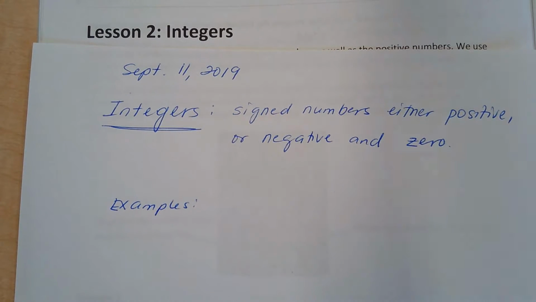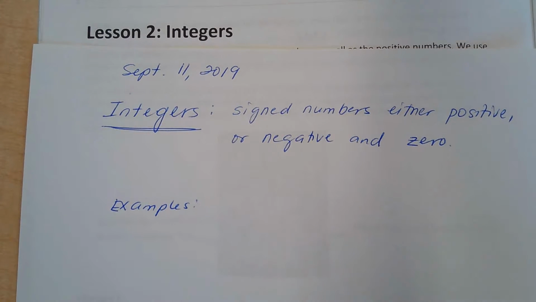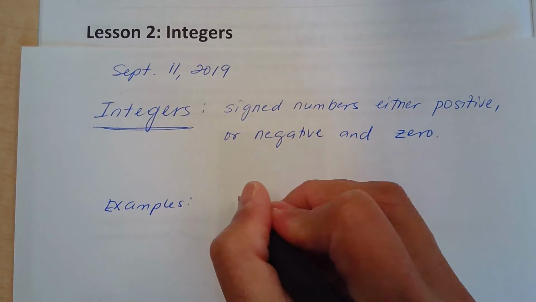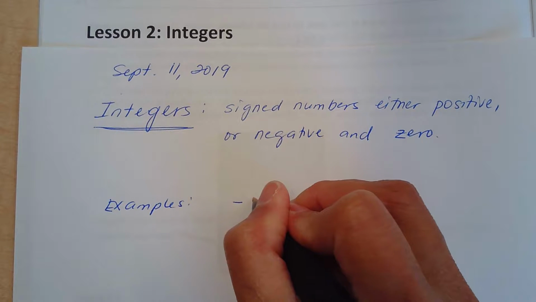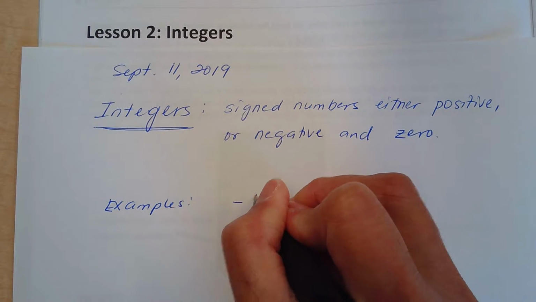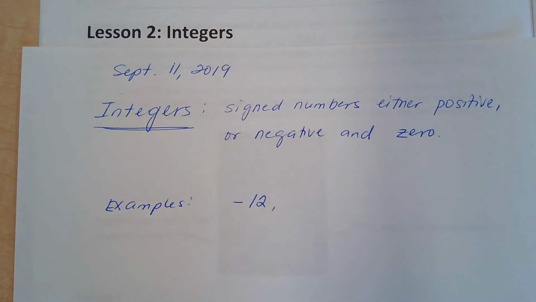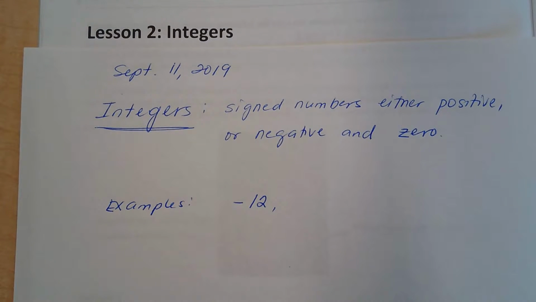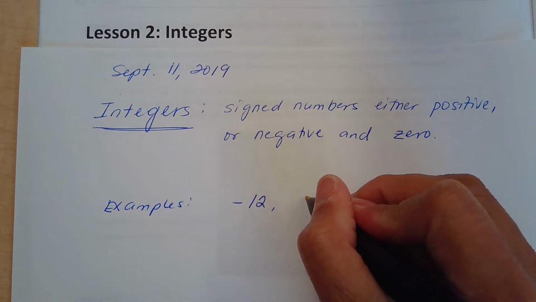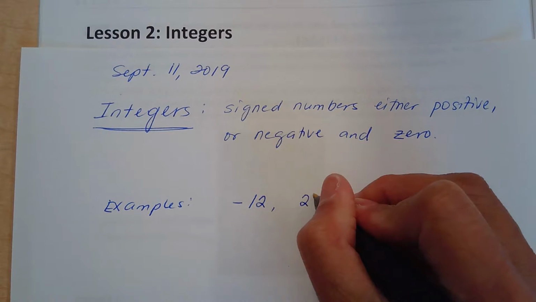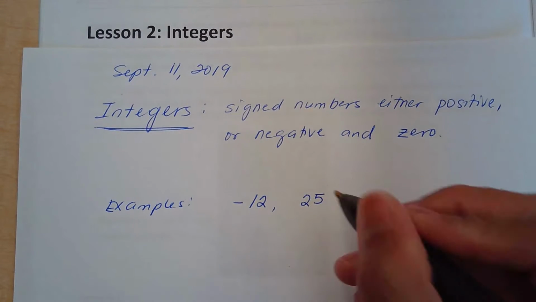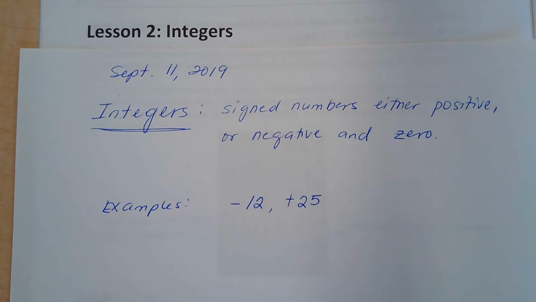Okay, I'll give you some examples, and then I'll ask you for your examples. So negative 12. So that's an integer. It's a negative value, negative 12. Another example is 25, or positive 25.